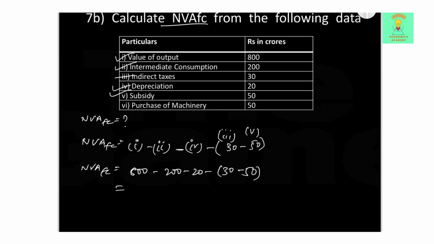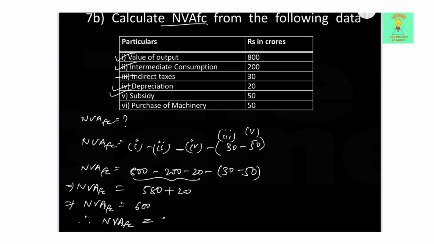Now 800 minus 200 is 600. 600 minus 20 will give us 580. Here minus 20 will remain, so minus into minus is plus 20, which gives NVAFC equals 600. Therefore NVAFC is equal to 600 crores.